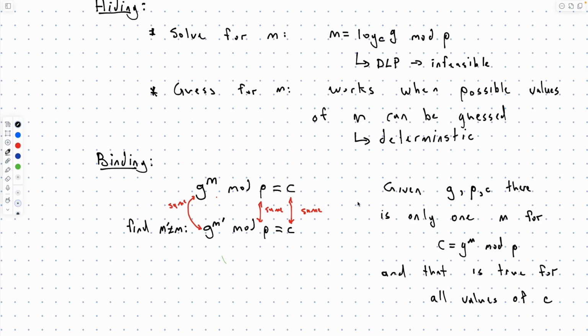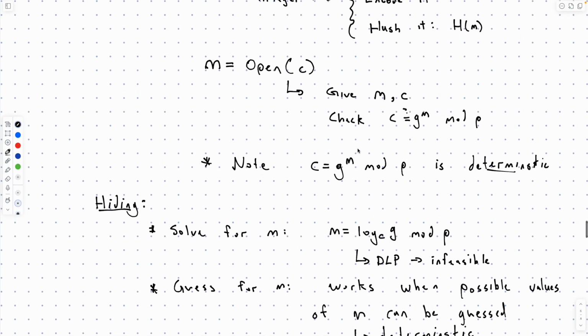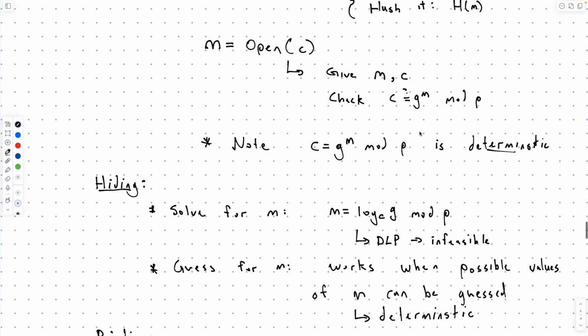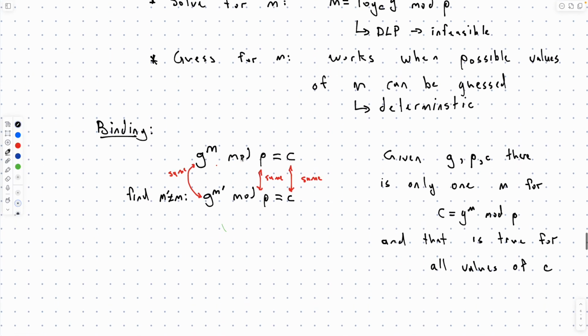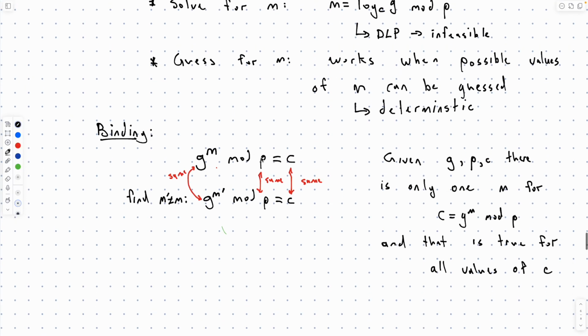Some of you know about hash functions. If you do, I'll just say something to you. This is like a hash function. It squeezes everything down to p, and it's hard to invert. It's not exactly hard to find collisions. In fact, if you just add p to this number here, you'll find collisions.